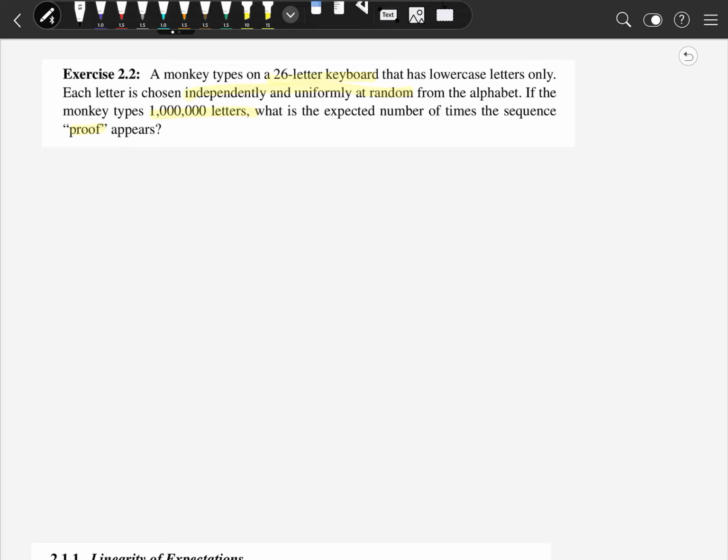So I guess the intuitive approach to this is to say, all right, if we have 1 million letters, this is the first letter, this is the second letter, and this is the 1 millionth letter.